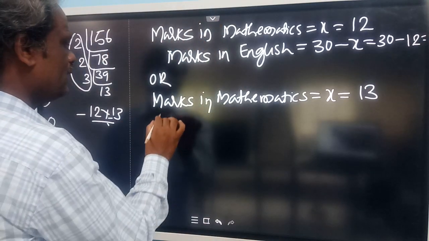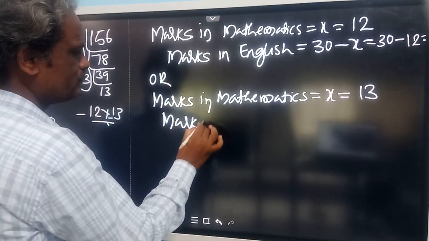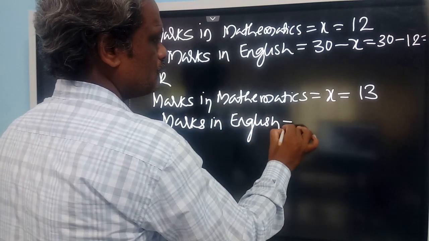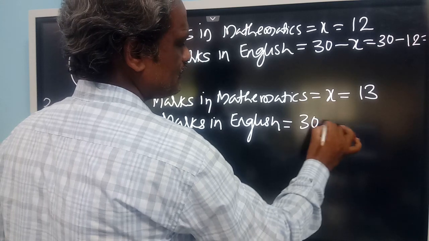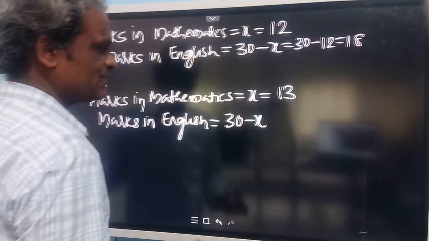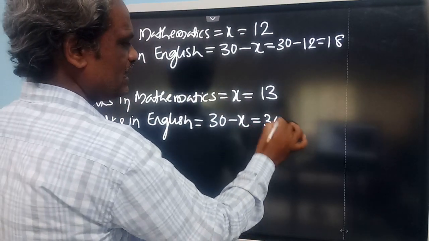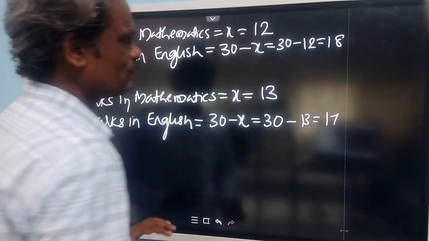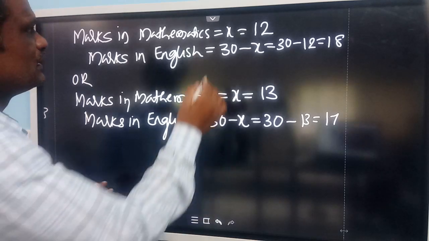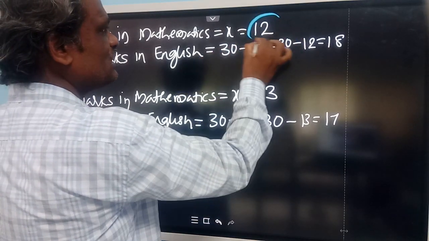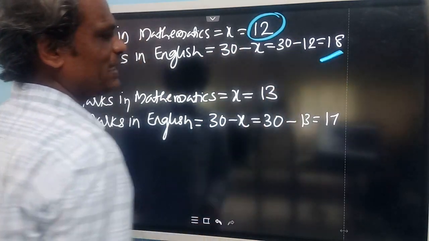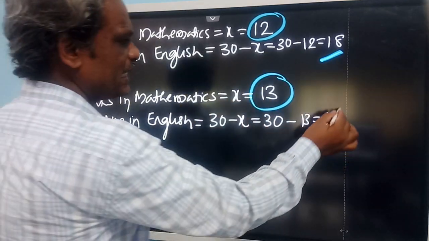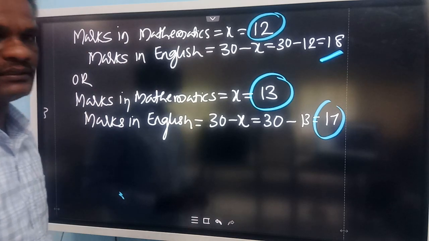Then marks in English will become 30 minus x. 30 minus x means 30 minus 13. Correct. So it will become 17. So there are two possibilities. If marks in mathematics is 12, English marks will become 18. If marks in mathematics is 13, the English marks will become 17. This is the solution.